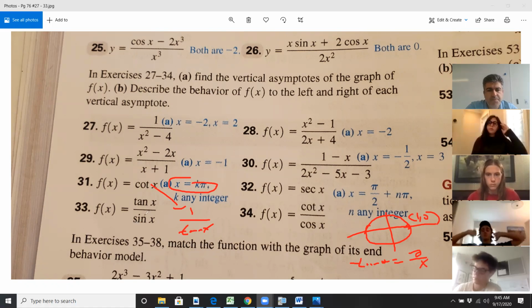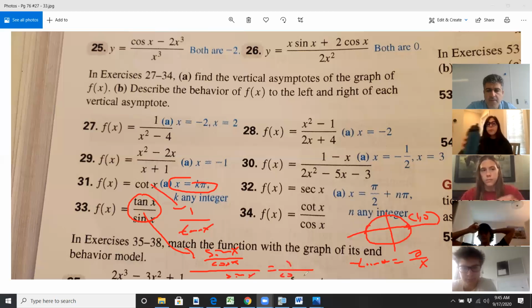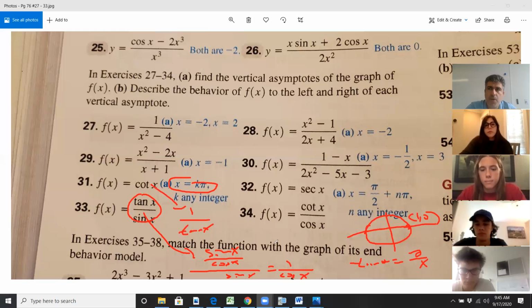For 33, you could actually reduce that. Tan is sine x over cos x, divided by sine x, so you get 1 over cos x. Obviously, cosine is 0 at pi over 2 and 3 pi over 2 and so forth. So you just have to generalize it. It's actually the same thing as this one right here, because secant is 1 over cosine. 32 and 33 are actually identical.